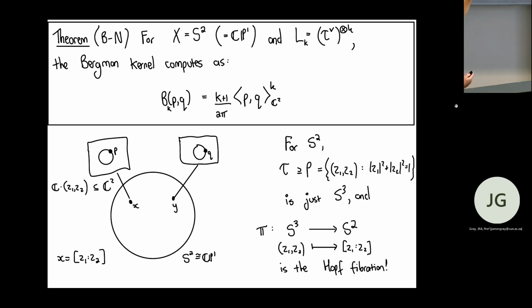And in the end, it just turns out to be: take those points P and Q, they're living inside S³, that means they're living inside C², so I can take their inner product as elements of C². And it turns out that's all the Bergman kernel calculates. Yeah, so that's a nice formula. The Bergman kernel is basically the inner product on C² in disguise.